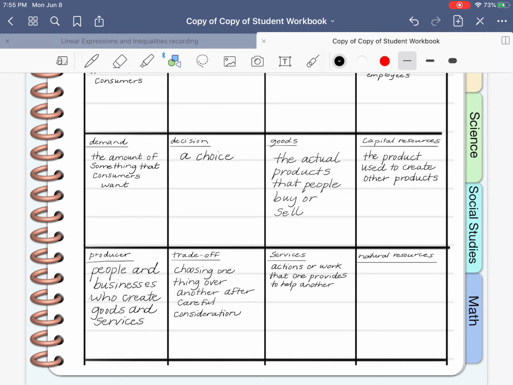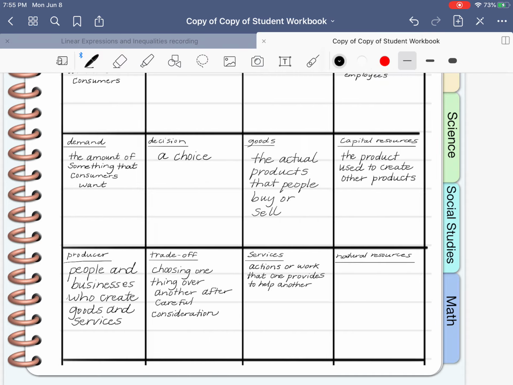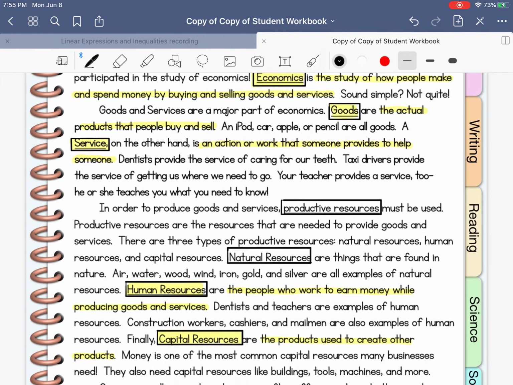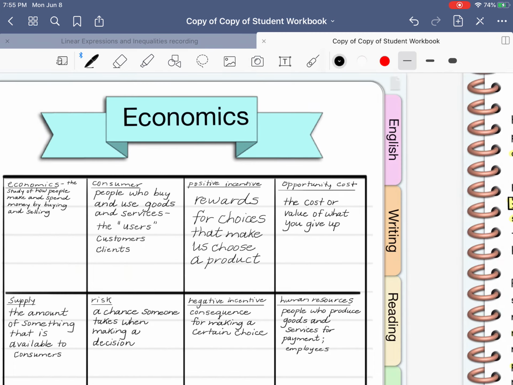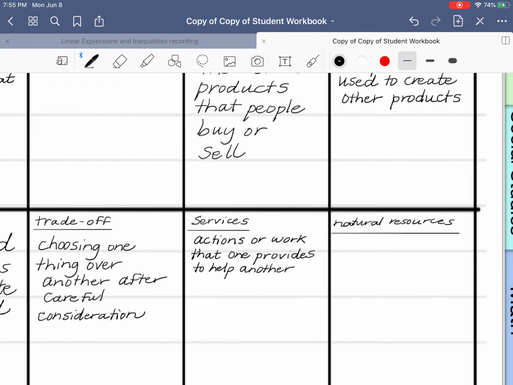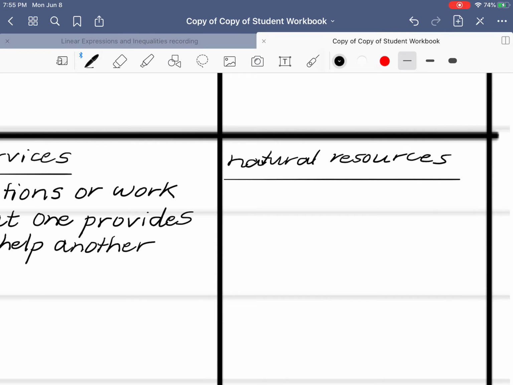And finally, we have natural resources. Natural resources are things that are found in nature. And I'm going to add a little bit to that because lots of things are found in nature. COVID-19 is found in nature, but we don't want that.